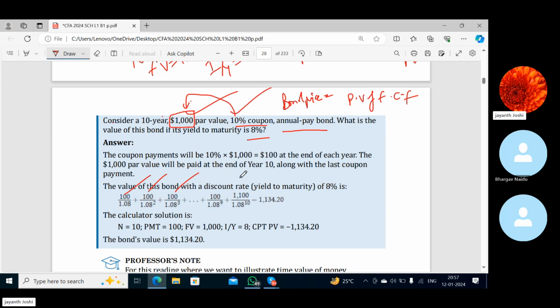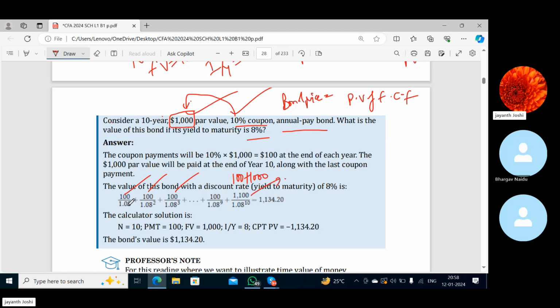But in the 10th year, you are also going to get $1,000. That is the repayment of that liability, or the borrowing which the company has made from the lenders. So for 9 years it is all $100, but in the 10th year it is $100 plus $1,000, which makes it 1,100.